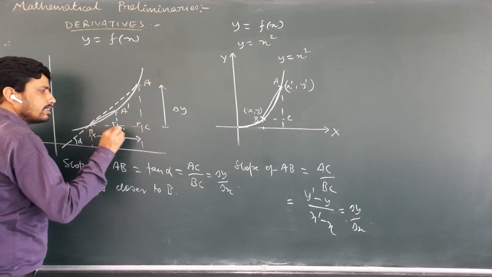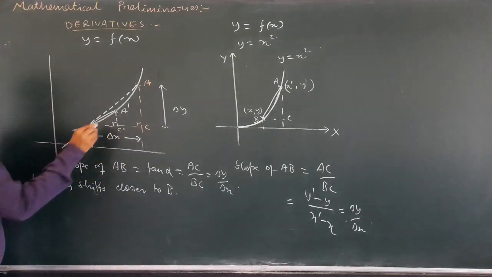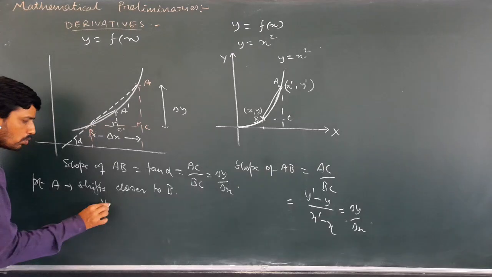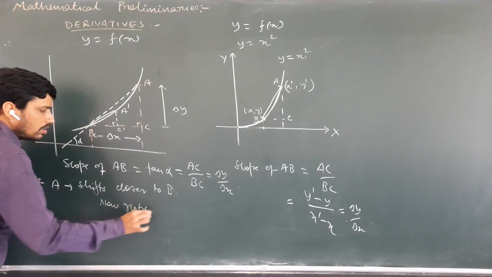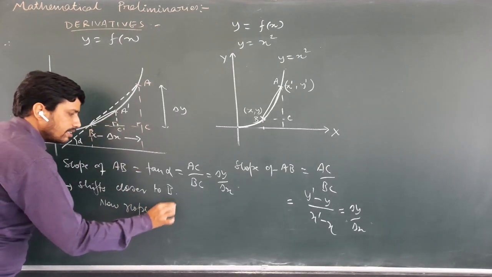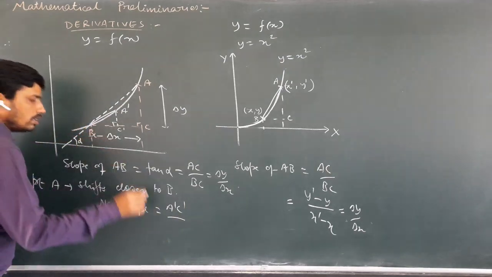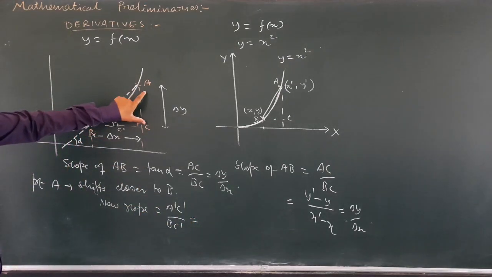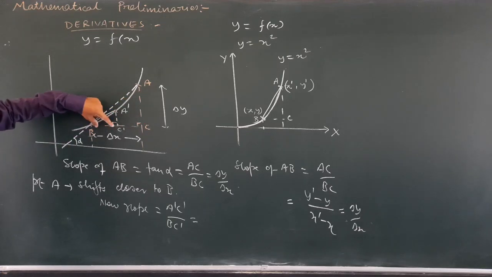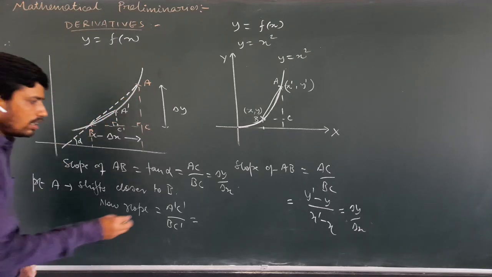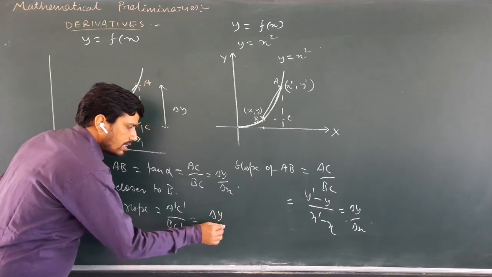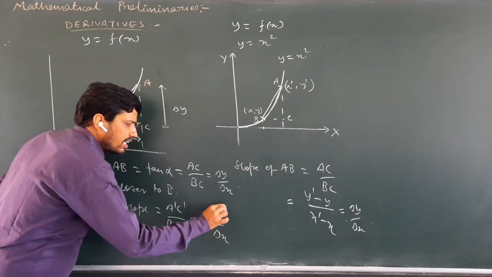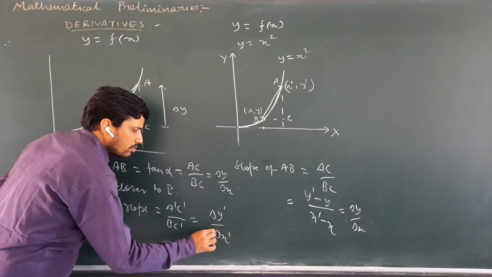So this will be C dash. So here what will be the slope? The new slope will be A dash C dash upon BC dash. Now this was delta y, again this is delta y and this is delta x. So this is a new change in y and this is a new delta x. I write delta y prime, delta x prime.